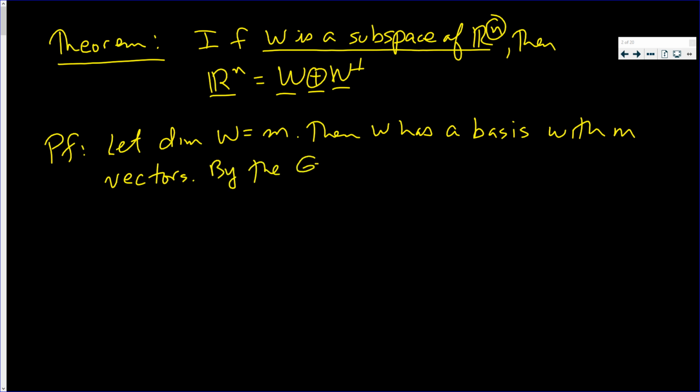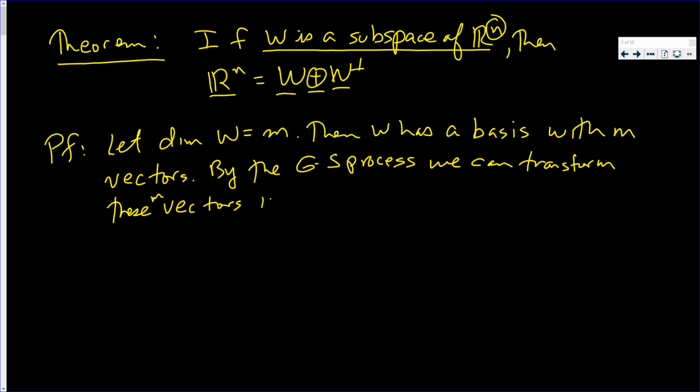By the Gram-Schmidt process, we can transform these m vectors into an orthonormal basis.